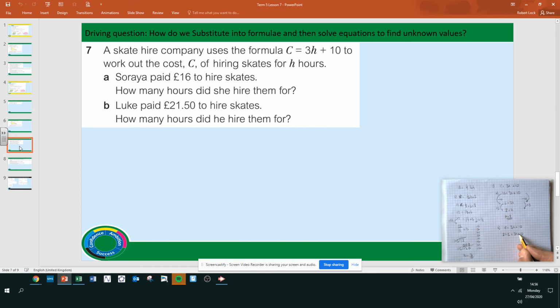So we now need to take away 10 on both sides on this one. 21.5 take away 10 is 11.5 equals 3H. So now we need to divide both sides by 3. 11.5 divided by 3.